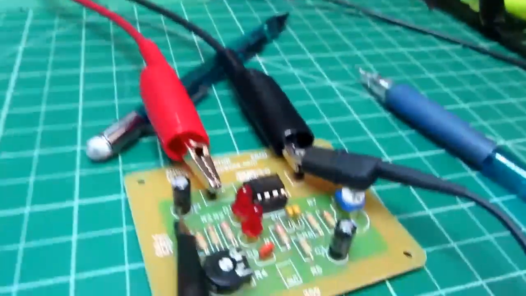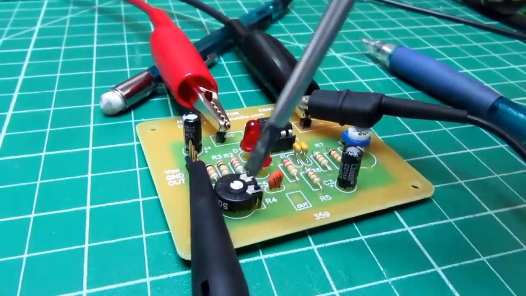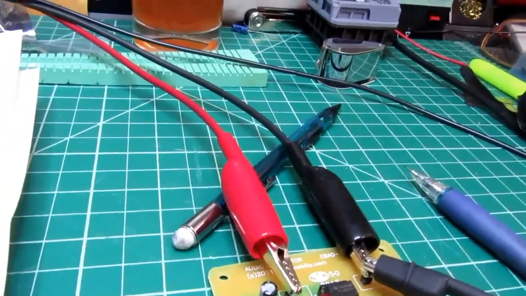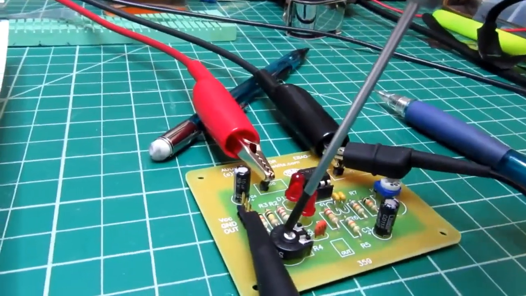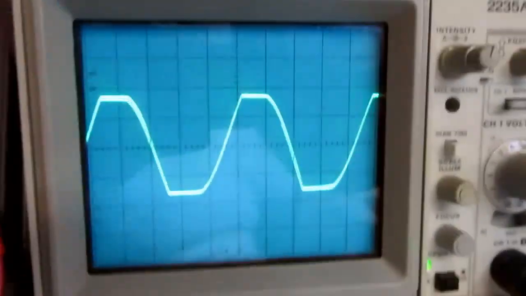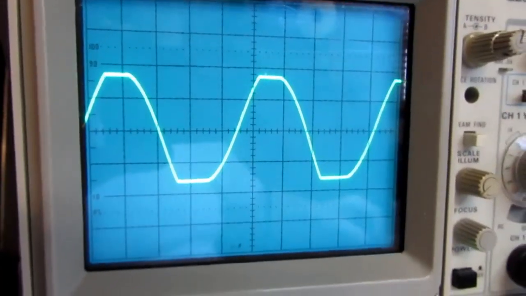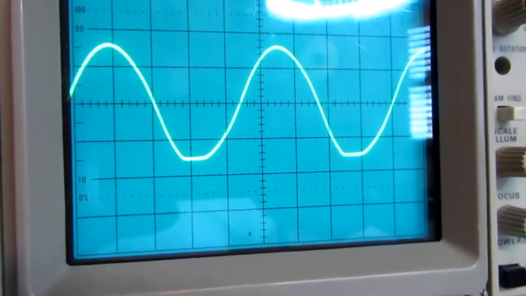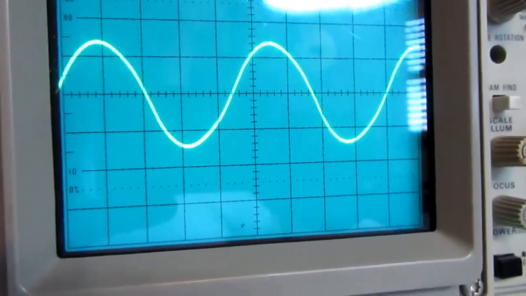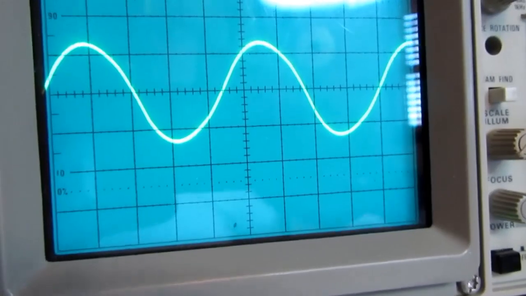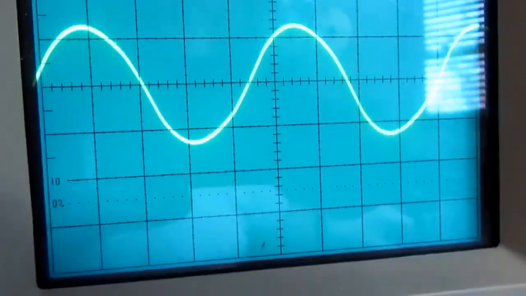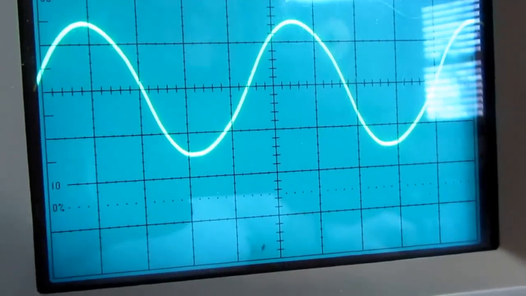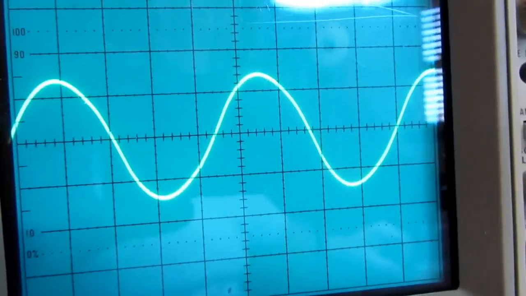And now I'm supposed to adjust this other trim pot, which my screwdriver is too big for, to get the cleanest output waveform. Still a little bit goofy at the bottom. There we go. If I go more, then it starts getting a little lopsided. So I want to go until it just starts rounding off there.